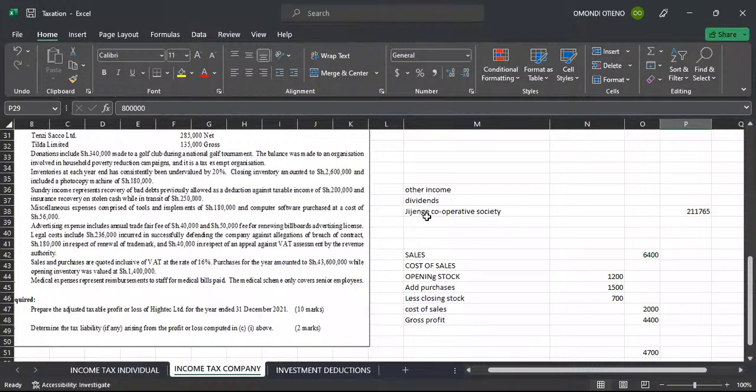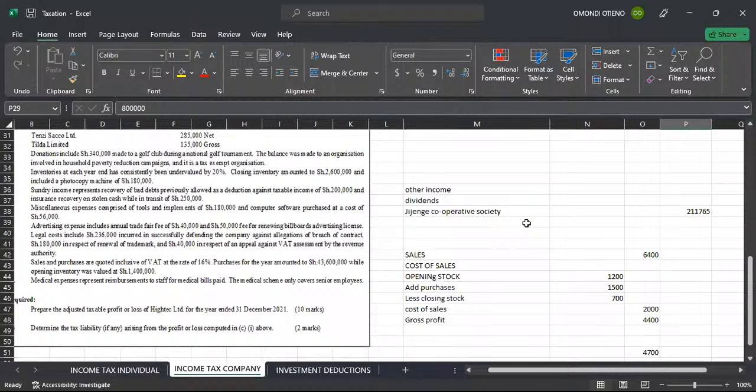Is that a particular reason we were told about Uganda? What if it was the dividends from a country that is not having a double tax treaty with Kenya? It will be subjected to tax. So if we have a difference, so long as it is outside Kenya, we are told that the withholding tax is final, so we are not supposed to subject it to another tax.